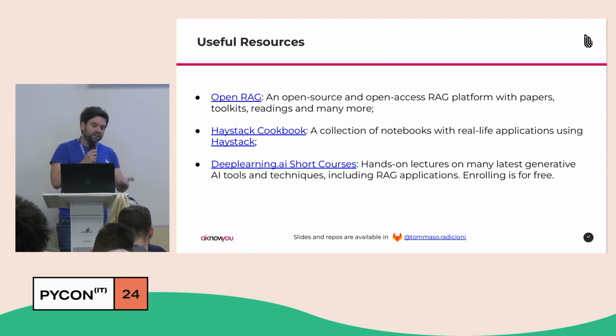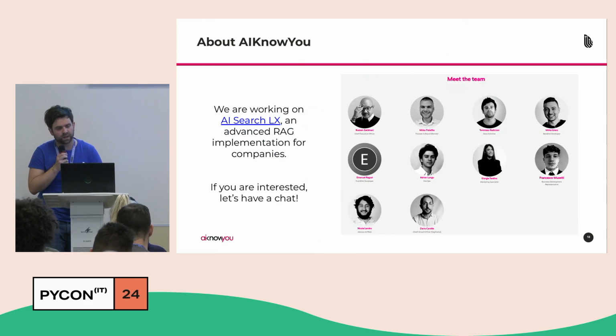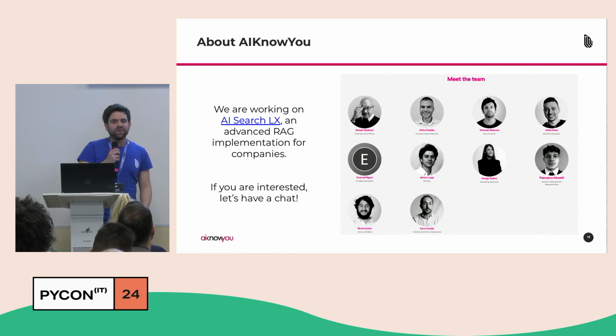And deeplearning.ai, I strongly suggest, if you want lectures on this kind of topic, not only RAG but even the latest generative AI tools. It's less than an hour. The enrolling is free, and to me, it's one of the best places to learn.